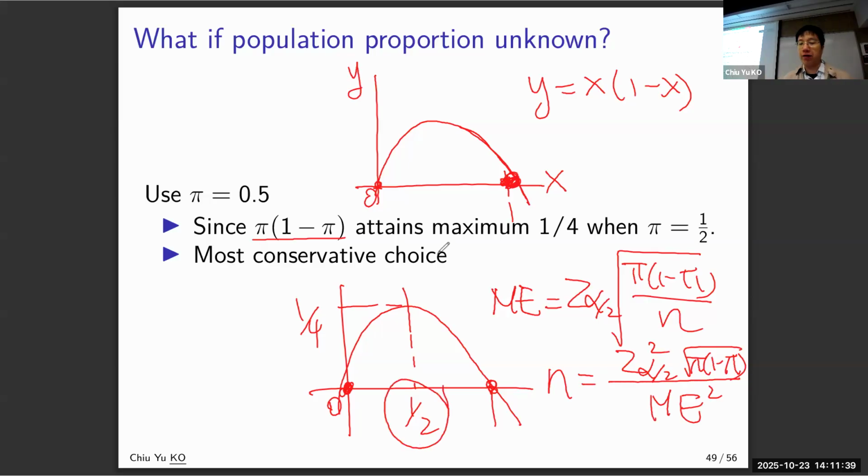Remember why half gives the maximum variance? Because you are doing a draw on whether yes or no. When we learned the Bernoulli distribution, the highest variance is when you don't know whether they are yes or no, because the average is half. So the worst-case scenario is 1/2. So 1/2 times 1/2 is 1/4, and the square root of 1/4 is 1/2, right? So then we're done. Basically take this 1/2. I have this in the slides already.